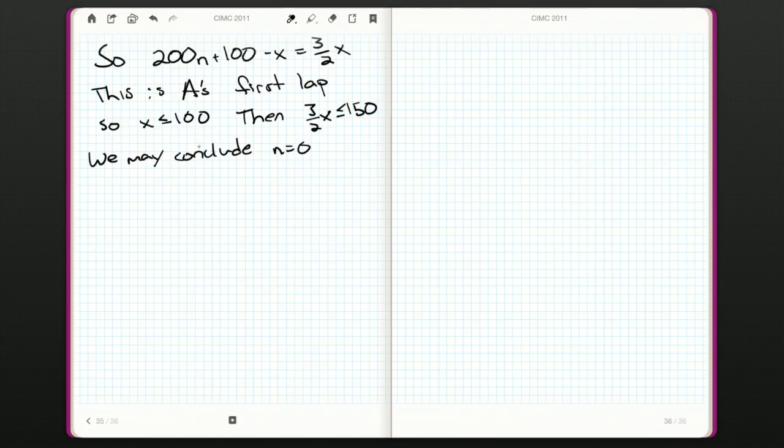Notice that x being less than 100, this thing here is going to be positive. And 200n, well, if n isn't 0, that's going to be at least 200. So 200 plus some positive number, that's over 200. But at most, this can be 150. Okay, so n is equal to 0.